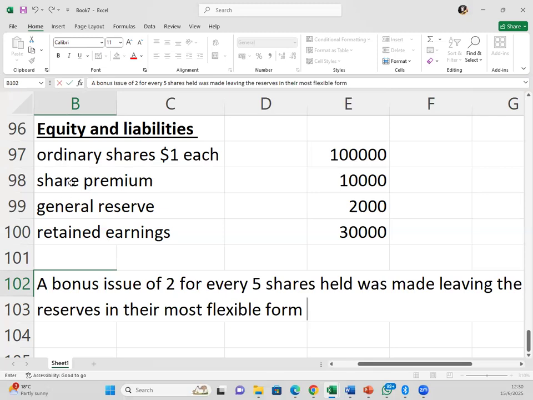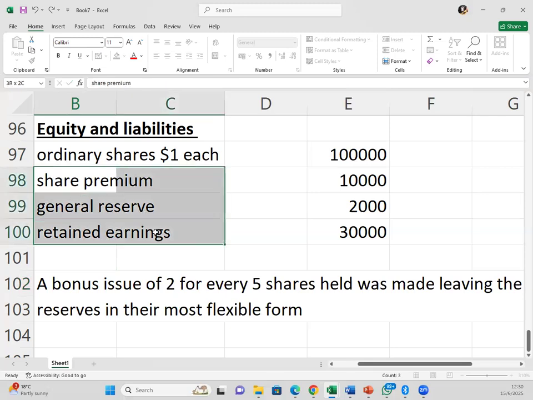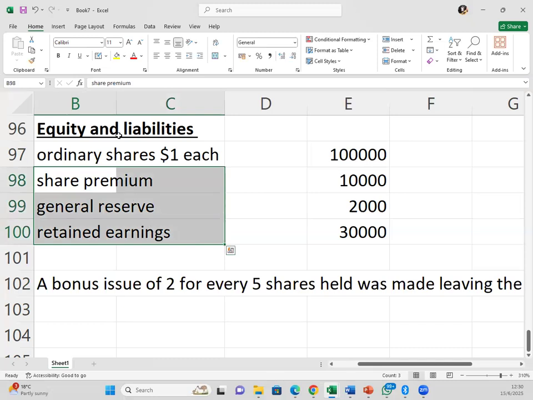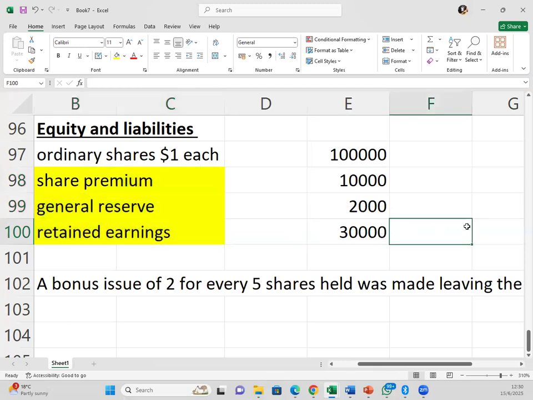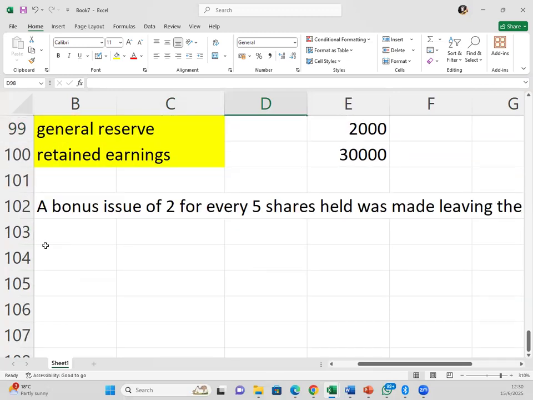So these 3 that I'm going to mark are actually reserves. Leaving the reserves in their most flexible form means you start with the first reserve, then you move to the next, then you move to the next.